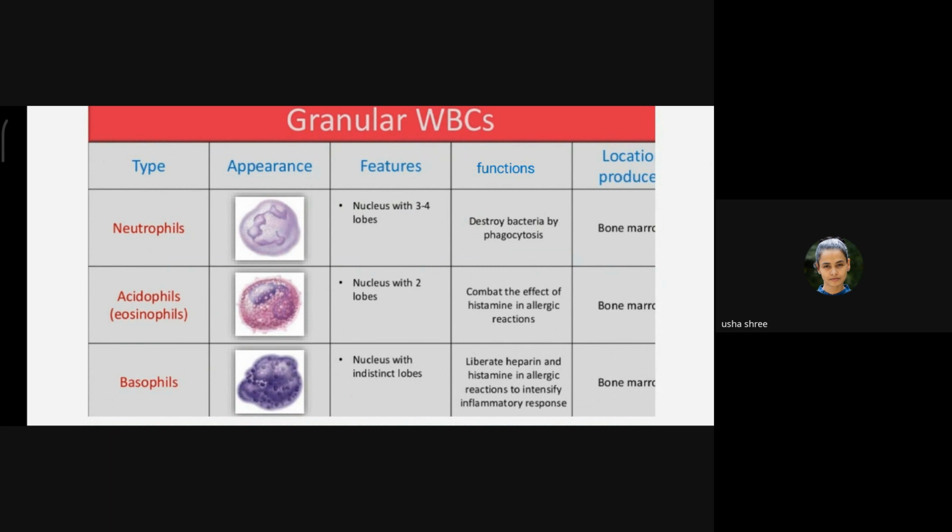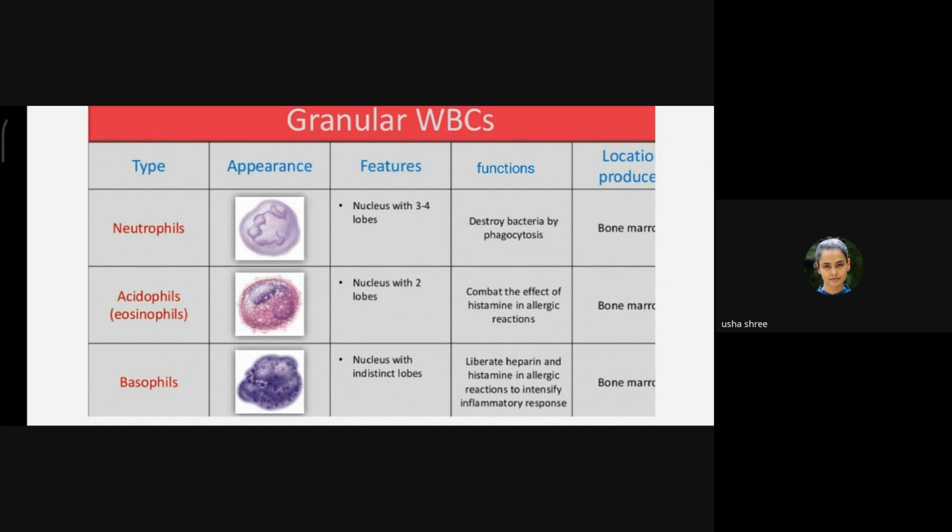So acidophils are also known as eosinophils. Feature of eosinophil is nucleus with 2 lobes, and function is combat the effect of histamine in allergic reactions.